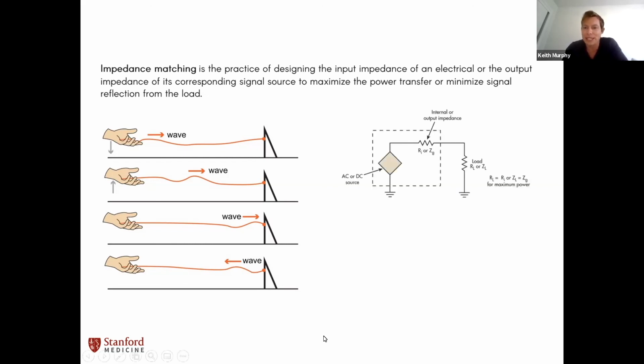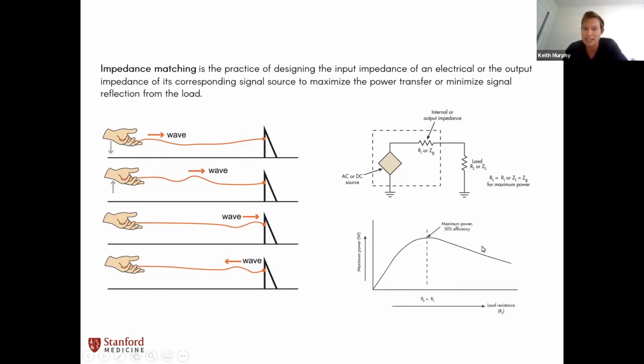But if you do need it, we're not going to tell you exactly how to get there, but we'll tell you the basics. The basic idea is that you have some sort of source and the output of that source. In our case, it's going to be our amplifier. That's going to have an output impedance, and your load, which is again your piezoelectric crystal, is going to have its own impedance.